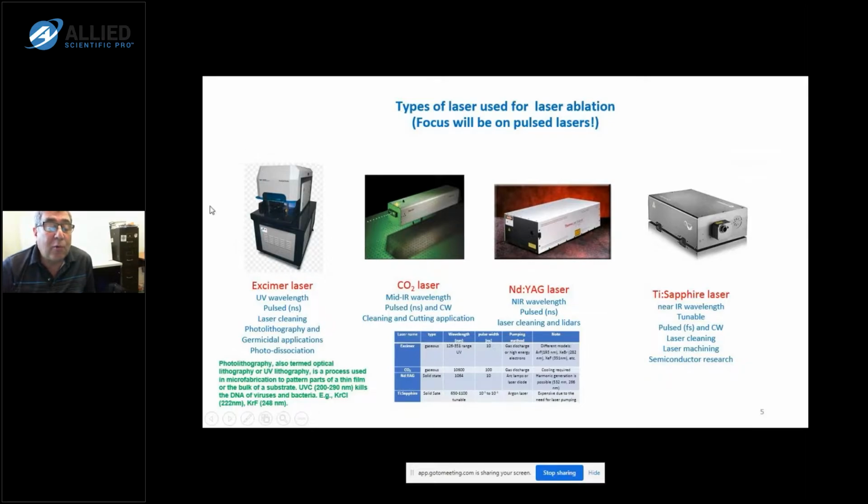It's actually low rep rate, and there are several discrete wavelengths: 193, 282, 351 nanometers. It's used for germicidal applications and photo dissociation applications. So it's a gas laser basically. The emitting medium is a gas.